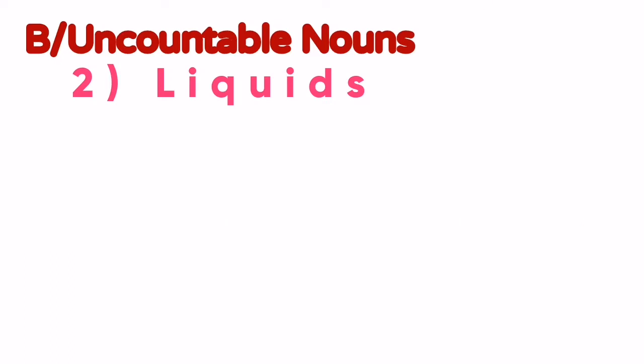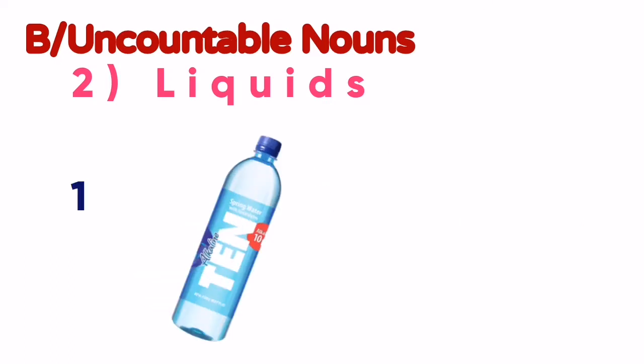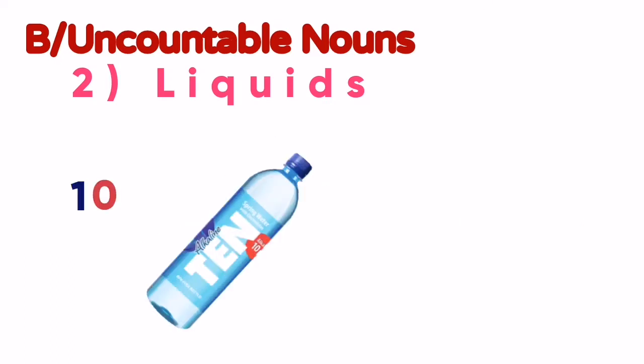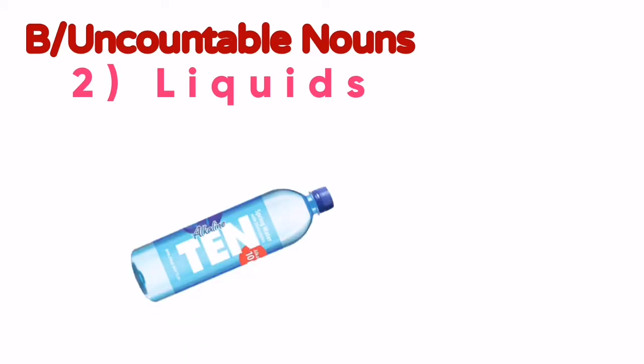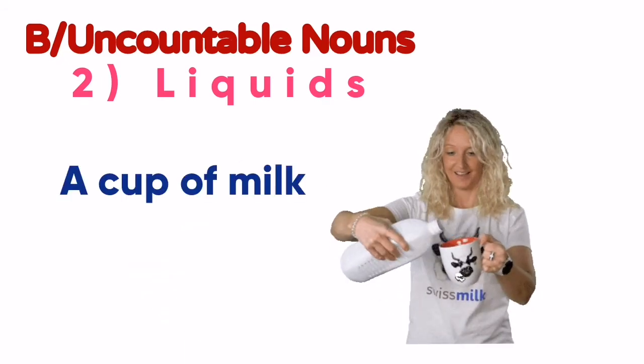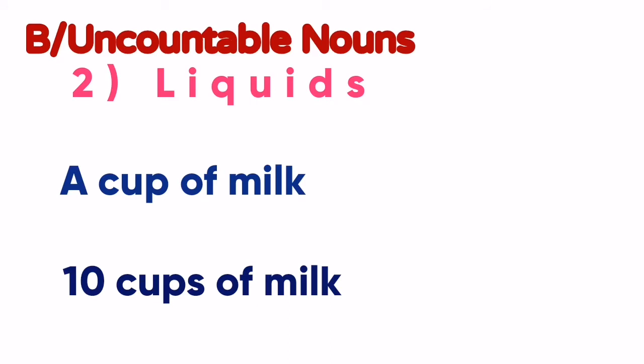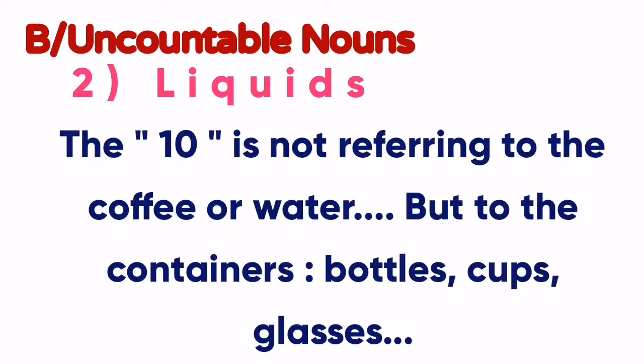For example, one bottle of water, 10 bottles of water, or a cup of milk, 10 cups of milk. So the 10 here is not referring to the coffee or water, but to the containers like bottles, cups, glasses, etc.